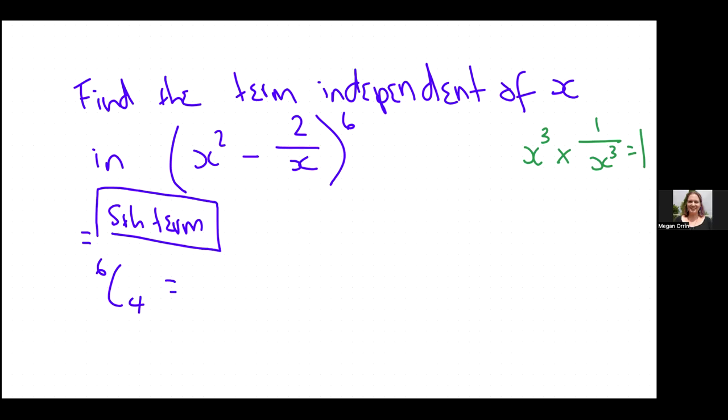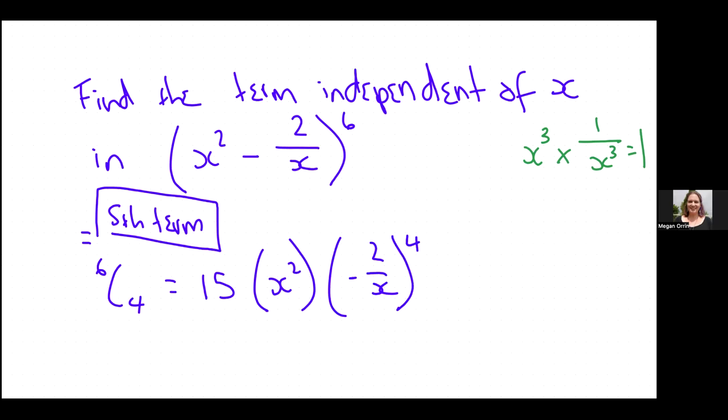I mean like the one inside the brackets. So it's going to be 64. Say it again. So like the -2 over x is going to be to the power 4. Okay. So what's this one?